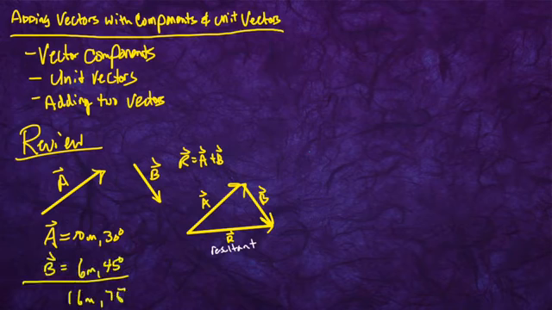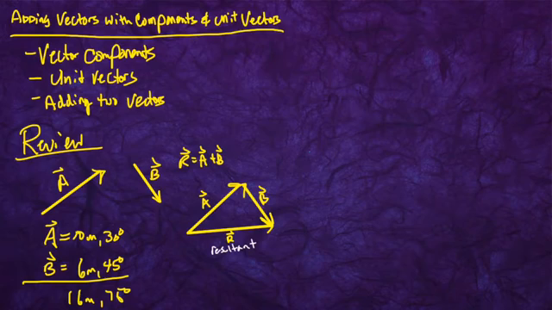and we give B its value of 6 meters and 45 degrees, this is what you do not do. A disaster beyond your wildest imagination will occur if you add these the way I just added them on the screen. 10 meters plus 6 meters equals 16 meters. 30 degrees plus 45 degrees equals 75 degrees.